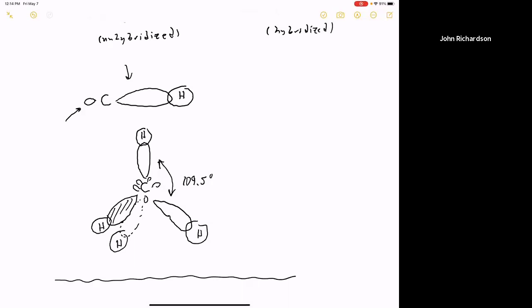So this is what the full-on hybridized CH4 molecule would look like. You can see it's a combination of these four hybrid orbitals arranged in three-dimensional space as a tetrahedron. That's pretty much summarizing what we did in the video last night, just a real quick summary.